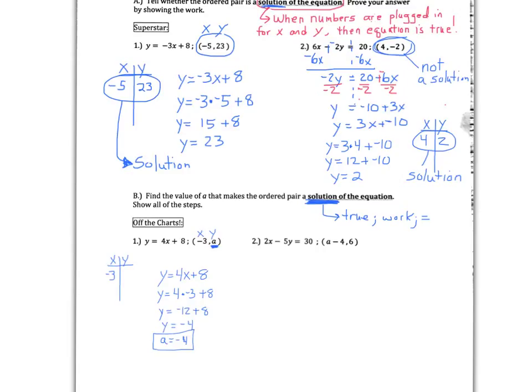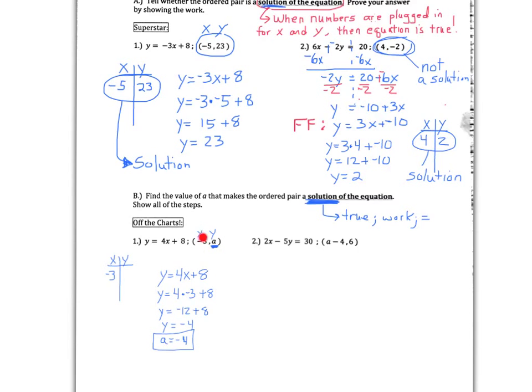Let's put FF for function form. Once we had it in function form, we took the x value, plugged it in for x, and this time we got an answer of 2. So there's our solution, but that's not what they said we would get, so this is not a solution. They told us something wrong.